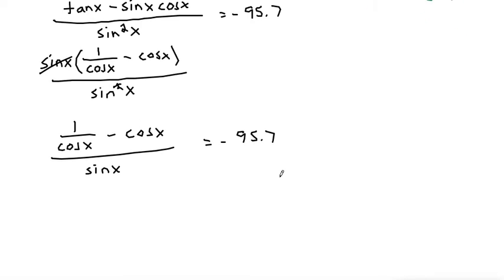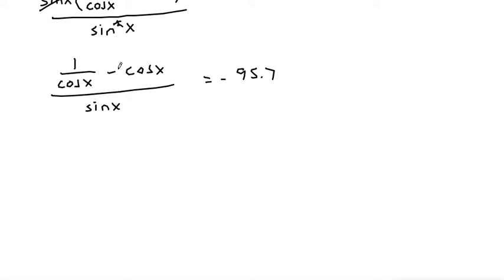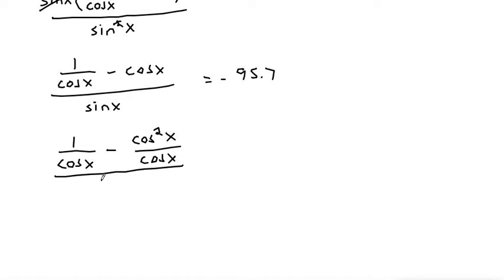So now, let's find a common denominator to make the numerator a single fraction. That makes 1 minus cos squared x over cos x, all over sine x.